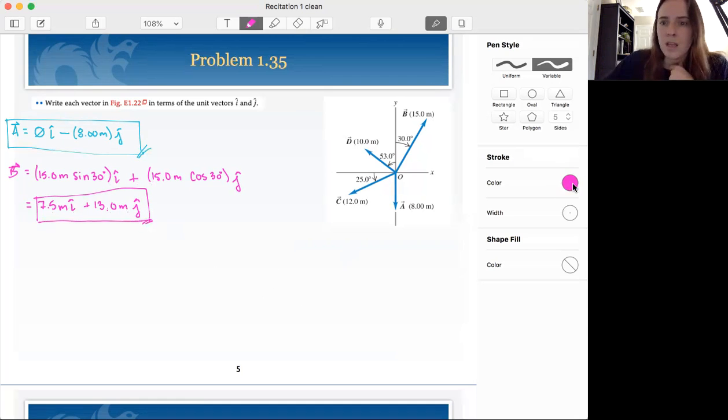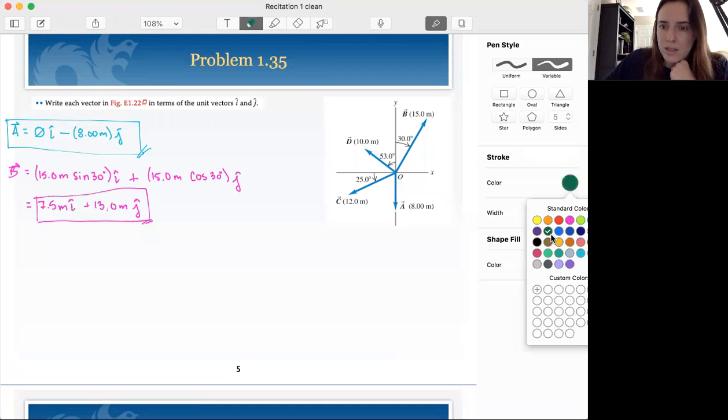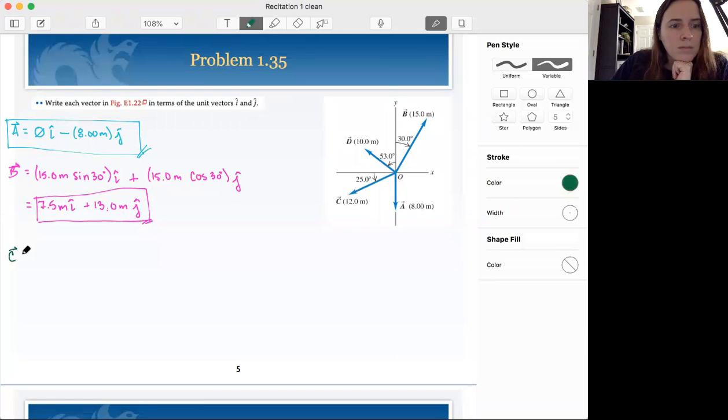Okay. All right, now we're getting into some new territory. Now we get C. So C, our 25 degrees is measured from here. So our x component is going to be the cosine because that's adjacent to that angle.